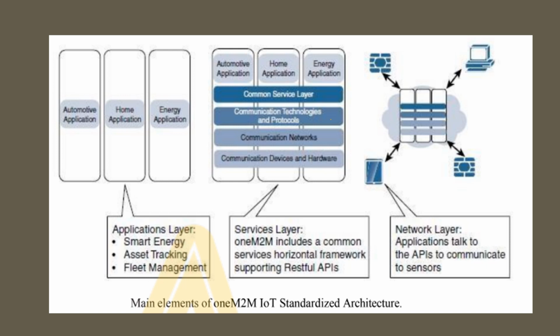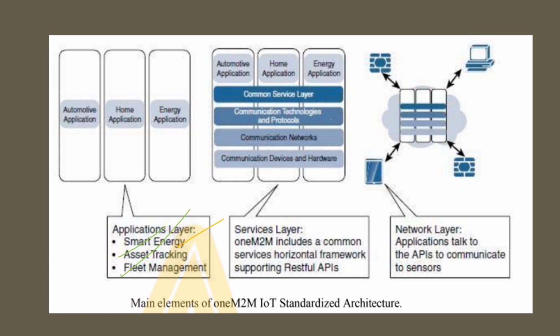In the application layer, there are three applications such as automotive application, home application, and energy application. The main function which we are dealing with is the smart energy, asset tracking and fleet management.